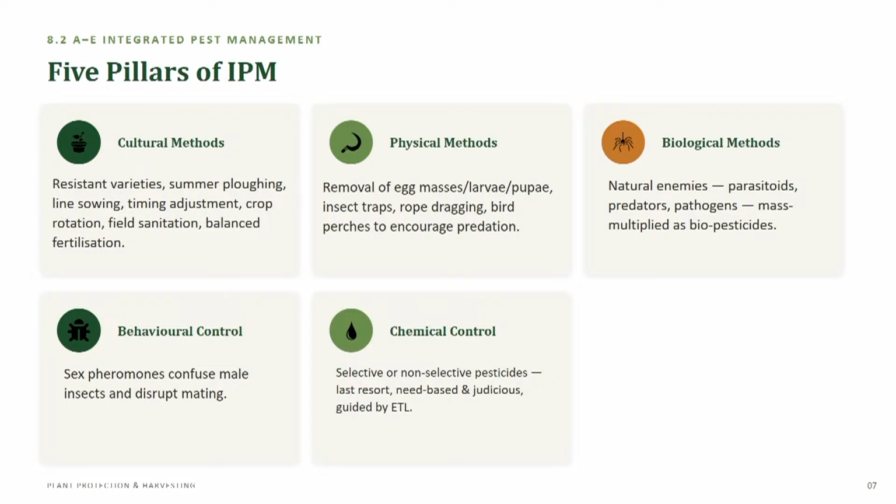So we must use our chemical pesticides judiciously, so that they are used only in need-based conditions, and it should be guided by the principle of economic threshold level. So dear learners, let us take a break. After that we will discuss the various types of disease symptoms.